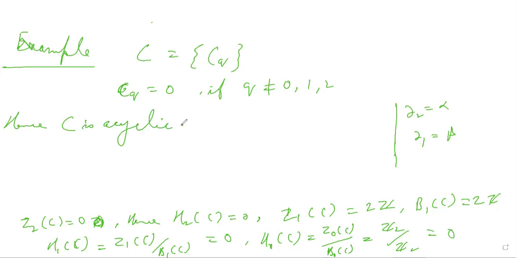But C is not contractible. If it is contractible, then of course there will be a homotopy D from the identity of C to the zero map.